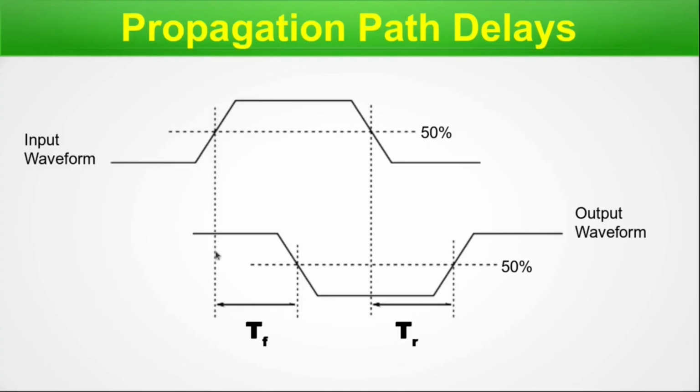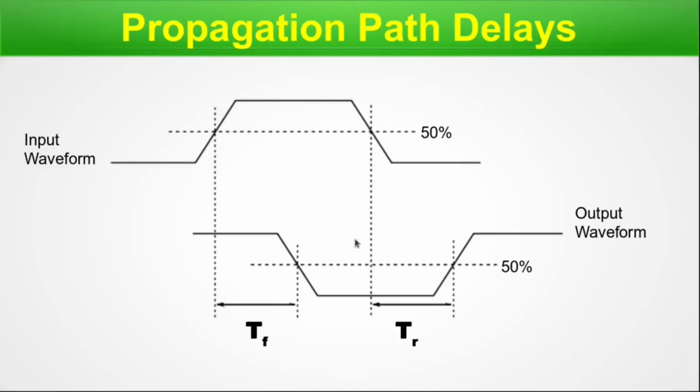So you can see here is the first cut and the second cut is dropped on the x-axis. We can measure it because due to the circuit operation, this waveform has just flipped vertically, and we are considering the 50% of this point and 50% of this point and dropping on the time axis so that we can measure the time shift. So this is called the fall time delay.